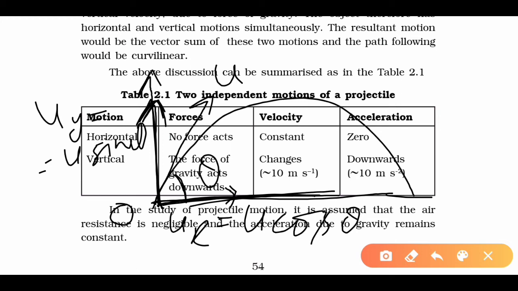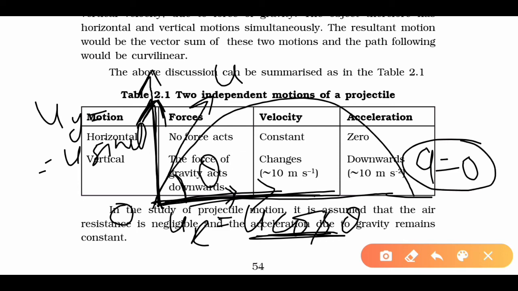So we are saying that horizontal and vertical motion are working simultaneously. So the force in the x direction will be 0 and the velocity will be constant. This velocity will be constant, so acceleration here will be equal to 0. But when the object is moving vertically, that means moving in the upward direction, every point, suppose this point and this point, the velocity will be different.